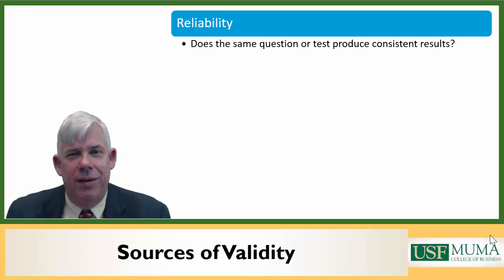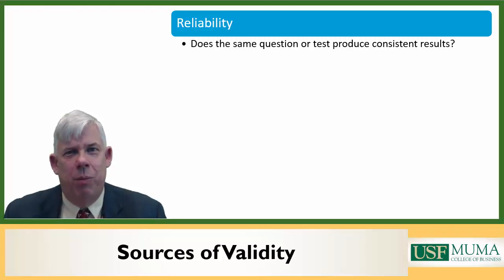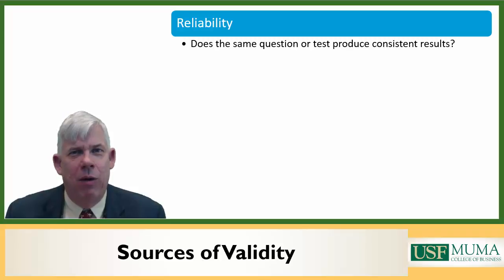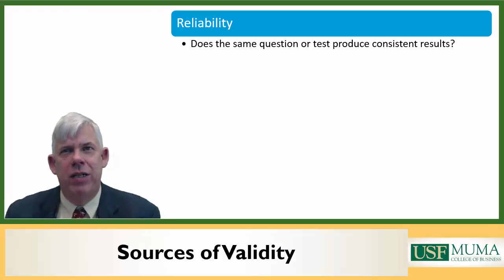So a good example of reliability is, does the same question placed in 2 points in the survey produce the same outcomes? And in the automobile survey of the previous video, we had 2 model cars that had exactly the same components. So if the survey was reliable, people should have given pretty much the same price for both of them.